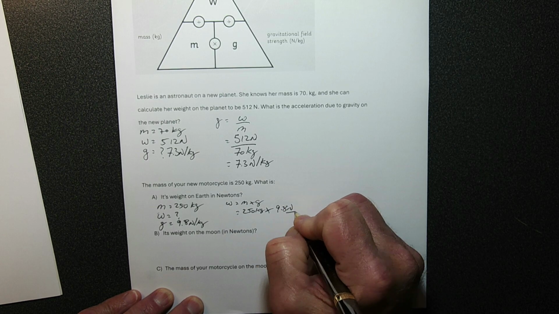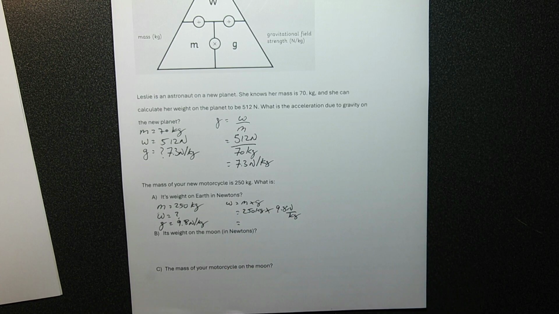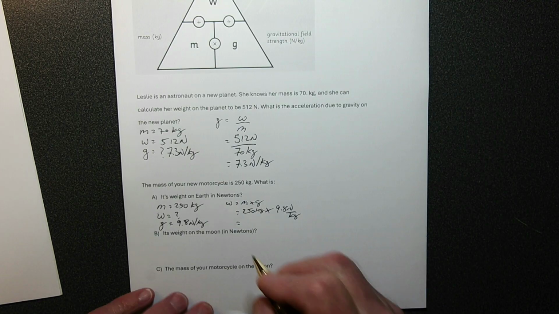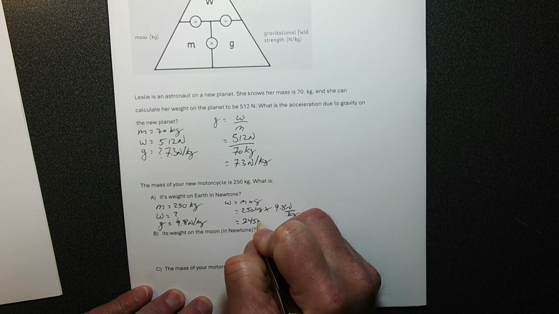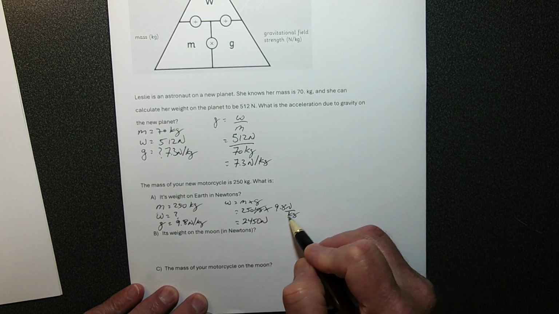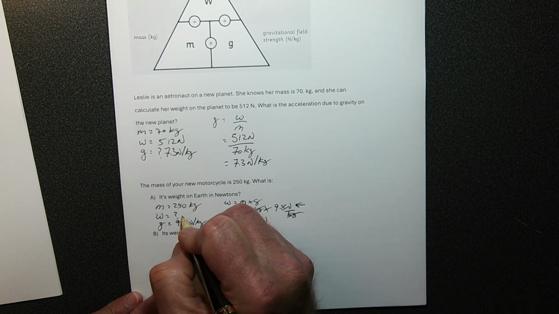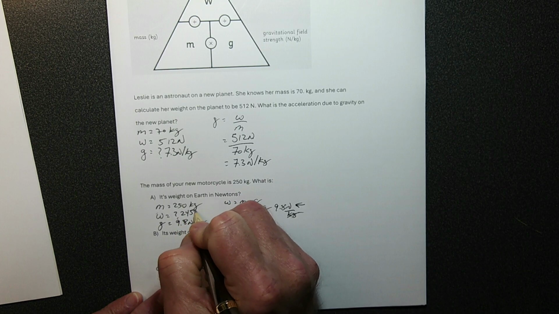And that's going to give us 250 times 9.8, 2450 newtons. Why newtons? The kilograms cancel each other and we're left with newtons. So our answer here is 2450 newtons on Earth.